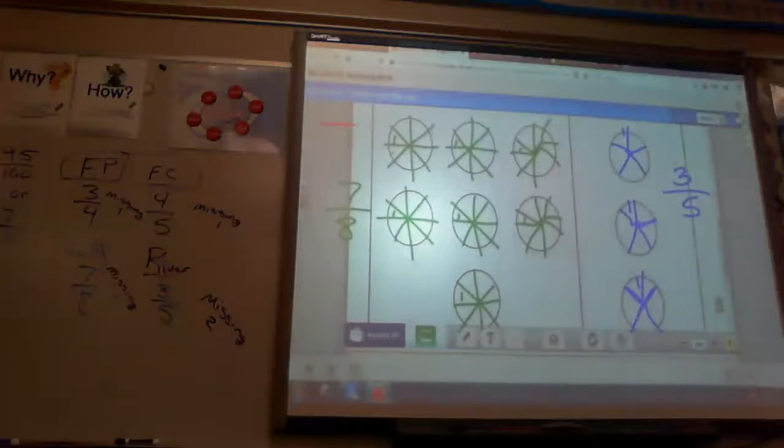Because I'm going to put this in perspective for you. If we were talking about money, if you had 95 pennies out of 100 versus 9 dimes out of 10, which one would you rather have? 95 pennies or 9 dimes? 95. And this one's missing 1 though. Well, it's missing a bigger piece, right?